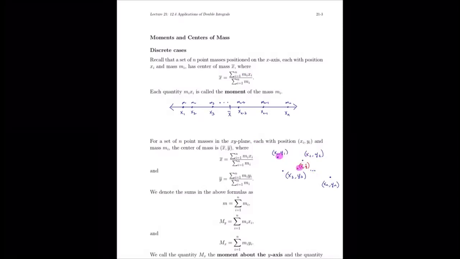And to calculate it, it's quite similar to what we did above, only we do it twice. We do it once for the x coordinates, we do it once for the y coordinates, and in both cases we still divide by the total mass, the sum of all the masses. And that's how we find the center of mass in the plane for discrete masses.